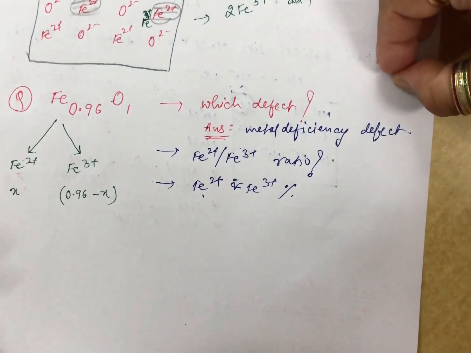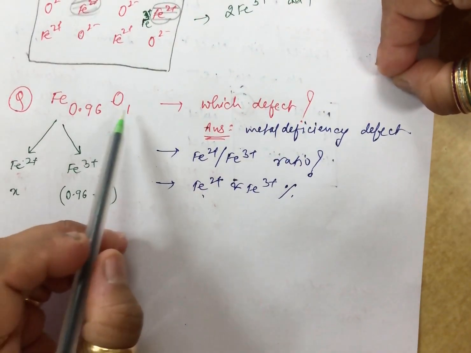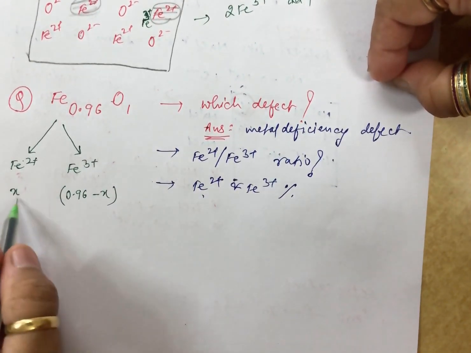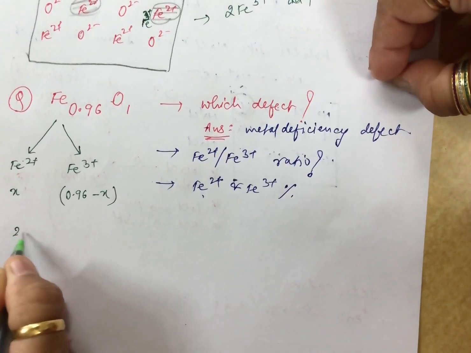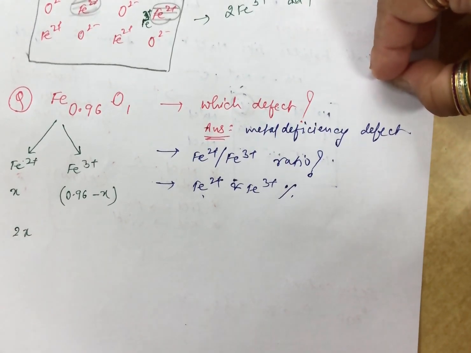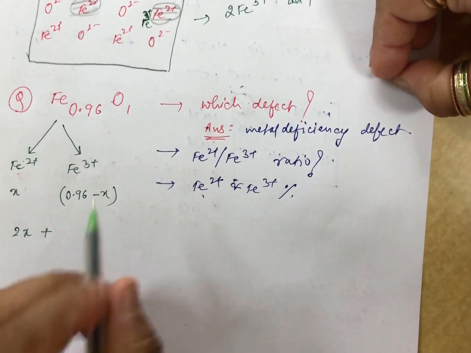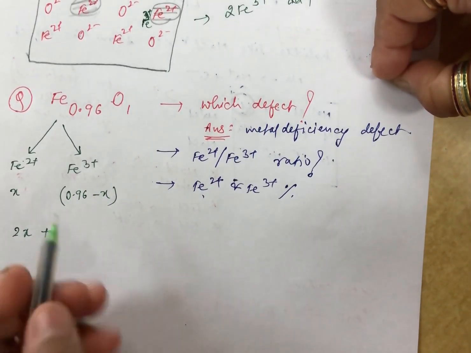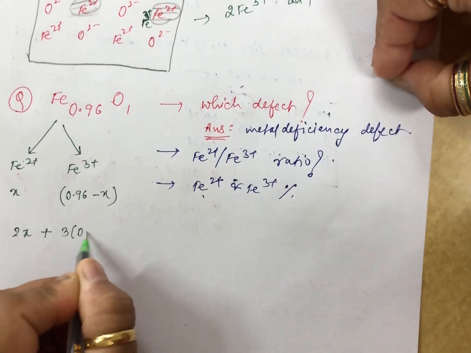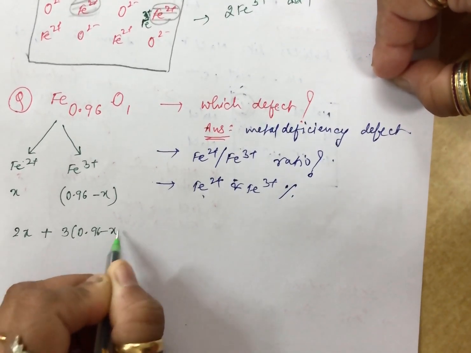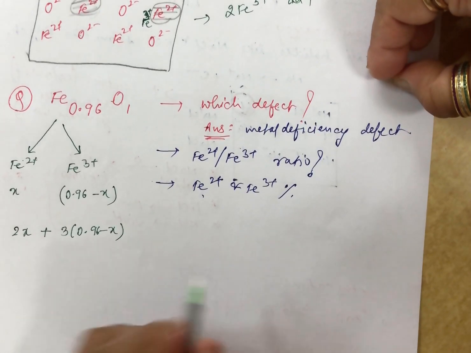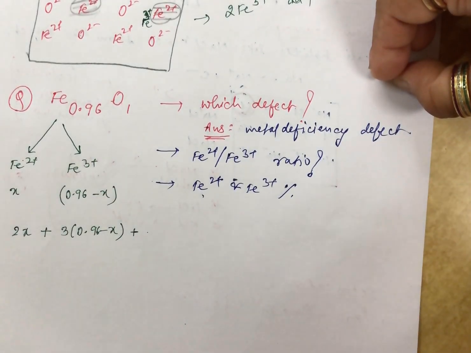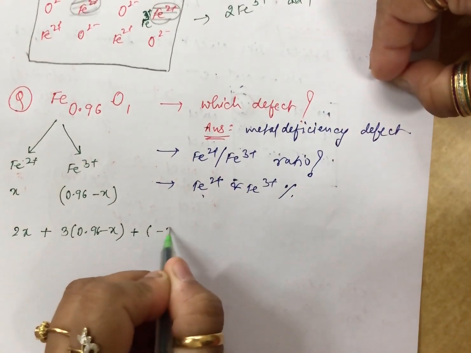Now electrical neutrality is maintained, as I said. So X times you will have plus 2 charges, so 2X, plus 3 charge for these many Fe3+ ions, so 0.96 minus X times 3. And oxygen has a charge of minus 2.